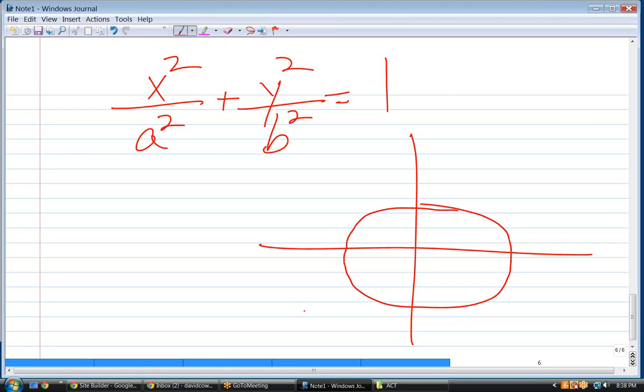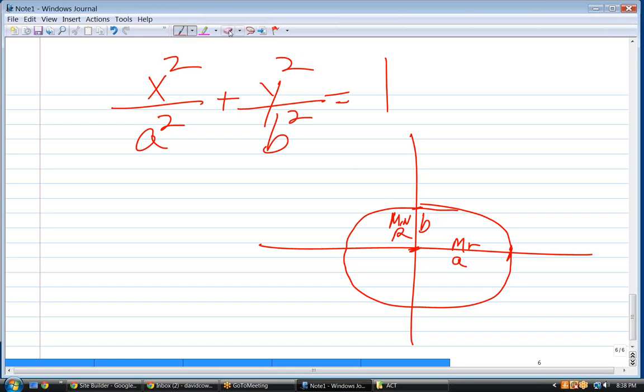Because an ellipse has a major radius, that you could call this, and a minor radius, which you could call this measurement. That's your A and your B. In other words, this is A, that's B. Okay.